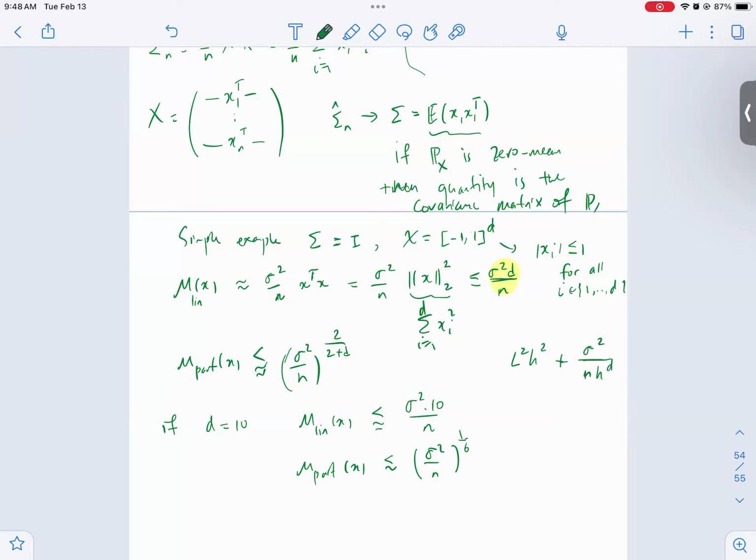I didn't do the high dimensional case, but in this case you can check that this is actually a tight upper bound. If you have a linear function, you pay this much price, where L is going to be the norm of theta star.